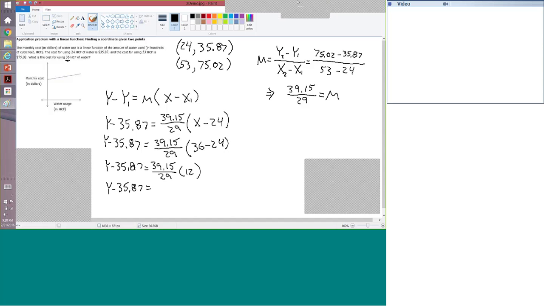So 39.15 times 12 divided by 29 is going to give us 16.20, which seems like a nice, convenient number to work with. Add 35.87 to both sides, and we'll get that y is equal to 52.07.